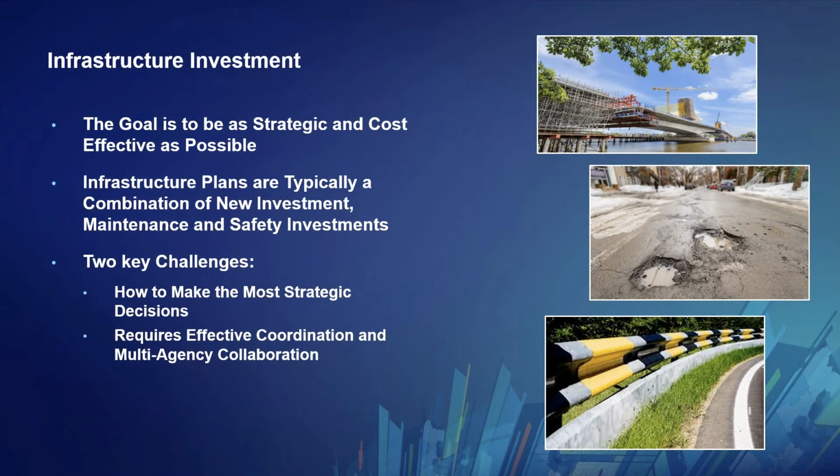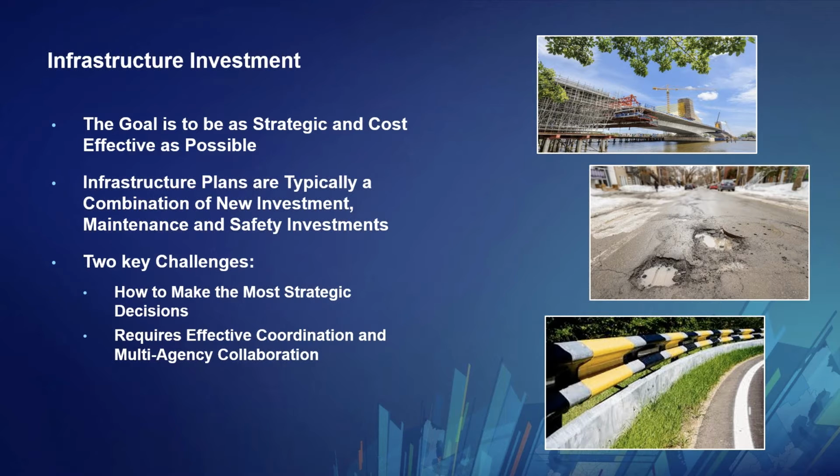So to begin, obviously our transportation planning processes in the US are complex. They involve multiple agencies, and really the goal is to be as strategic and as cost effective as possible in terms of the selection of the projects to invest in, as well as other infrastructure investments.